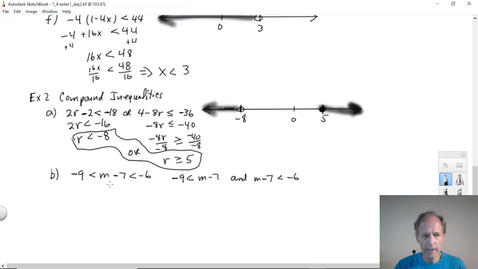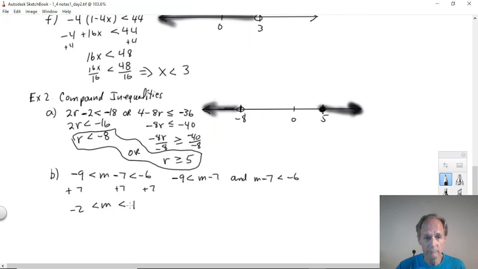So we're going to add 7 to all three, and so you get on the left negative 2, and in the middle just our m, and then on the right a positive 1.